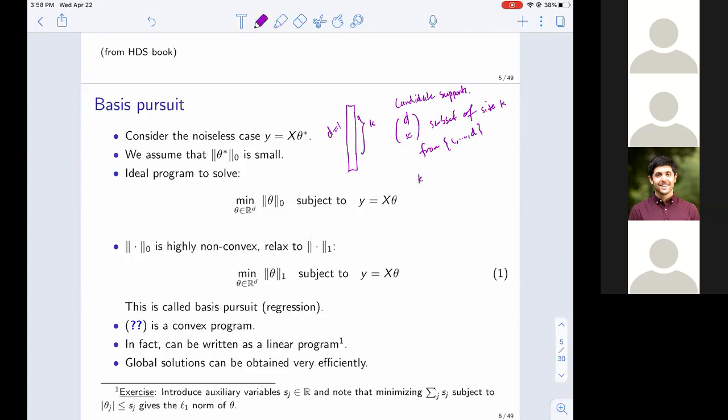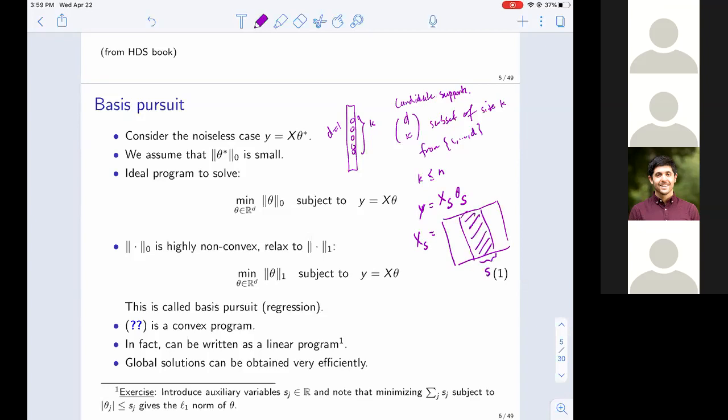Assuming k is less than or equal to n, once you choose the support, then the problem becomes solving y equal, I'm going to write it as, x sub S times theta S. Okay, x sub S means I'm just picking these columns, the columns that are indexed by S.